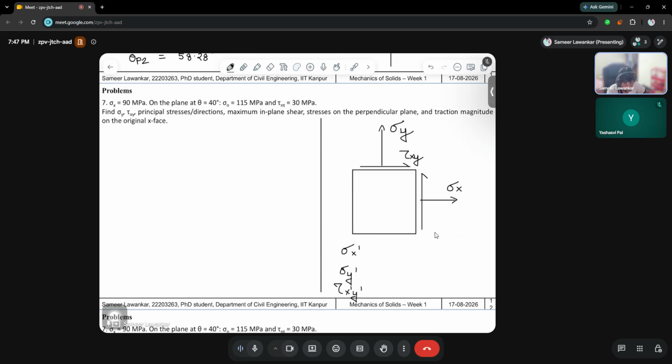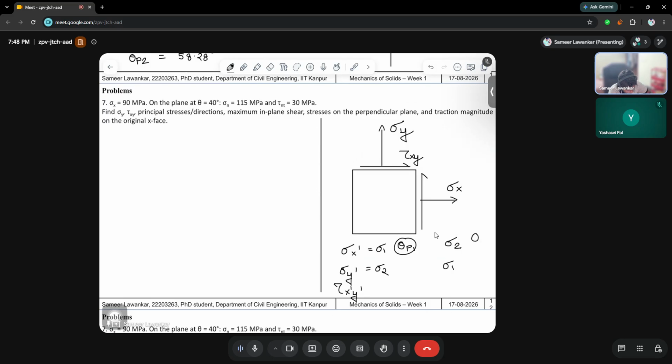There are some values of theta at which you get sigma x as sigma 1 and sigma y as sigma 2. We denote that as theta p1. Similarly, there is some value of theta at which you get this value as sigma 2 and this value as sigma 1.